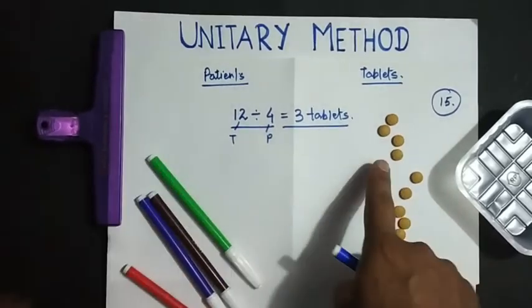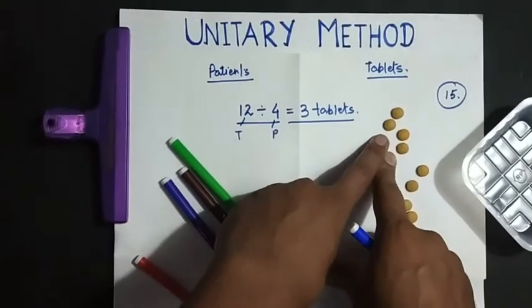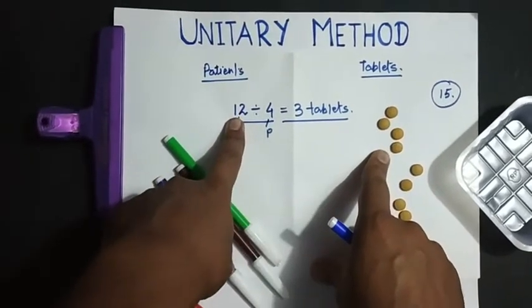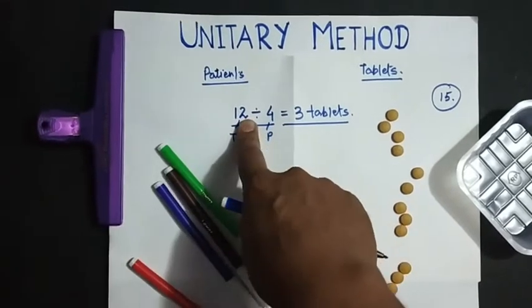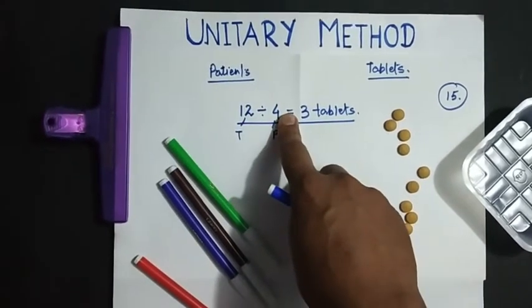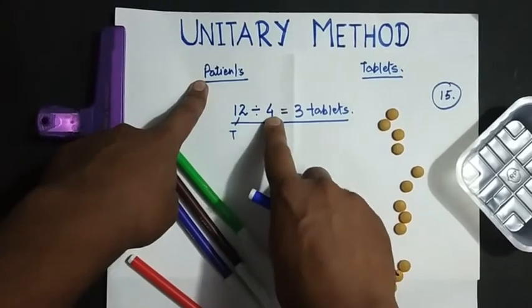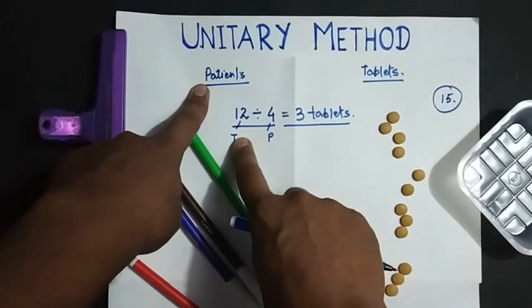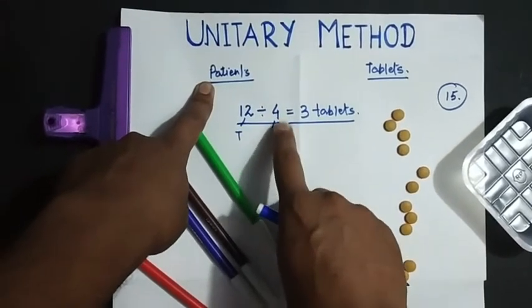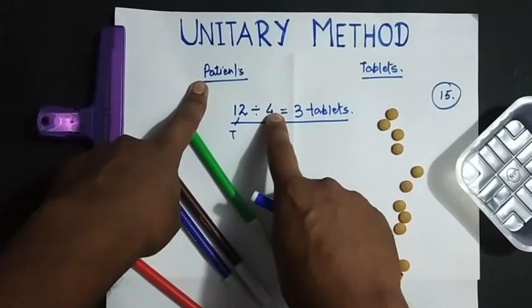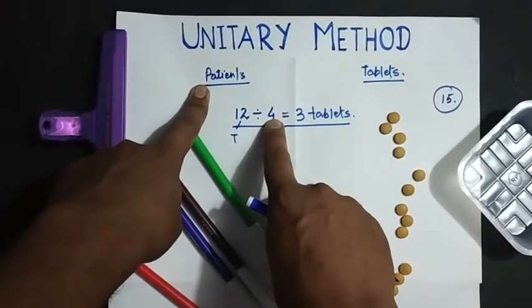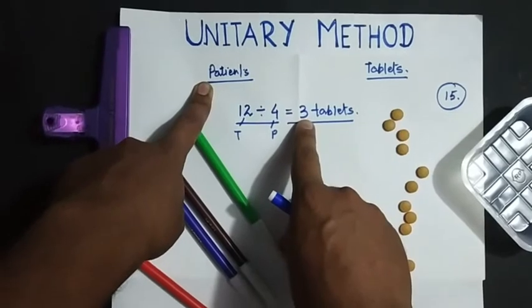Here we have to divide the tablets, so tablets come first, which is the dividend, and the 4 patients come next, which is the divisor. Dividend divided by divisor gives the quotient.